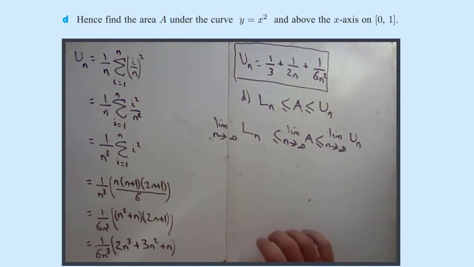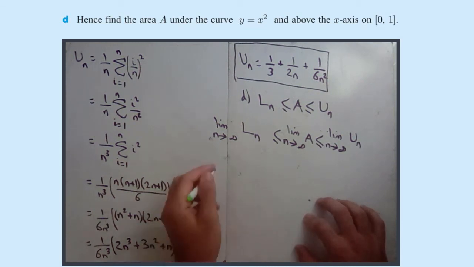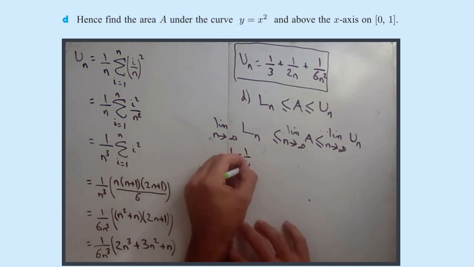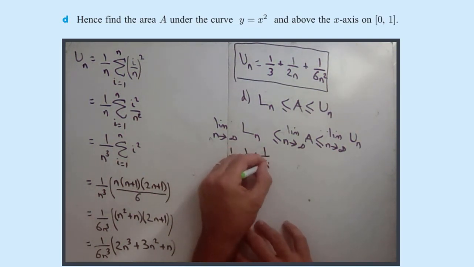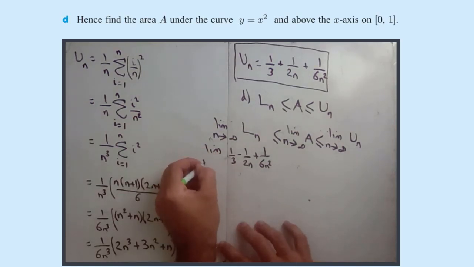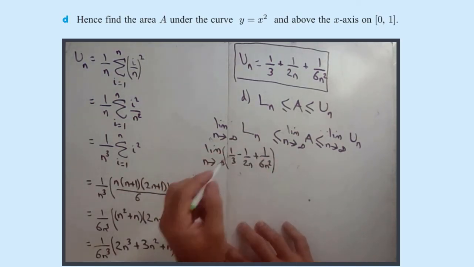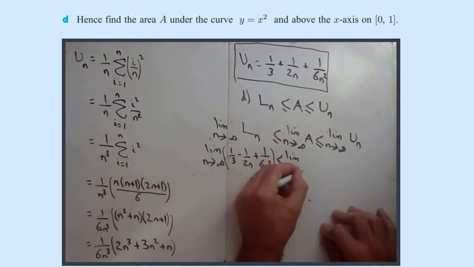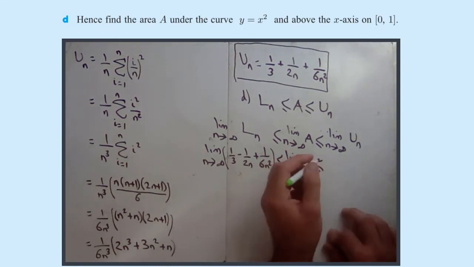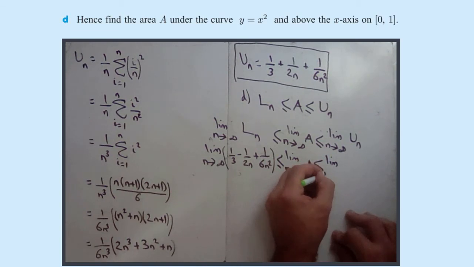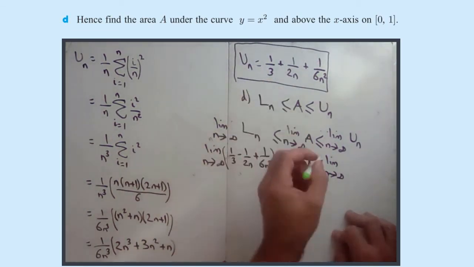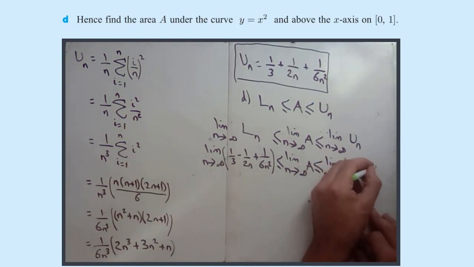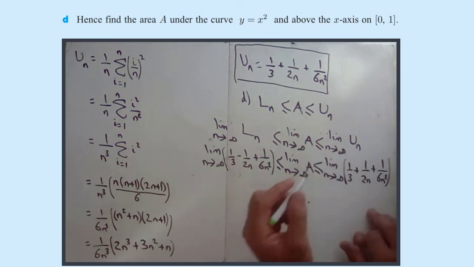Right, so if we write these in, remember the lower bound for area was 1/3 minus 1 over 2n plus 1 over 6n squared, so we need the limit as n approaches infinity of all of that, which should be quite simple, and that is less than or equal to the limit as n approaches infinity of the true area, which is less than or equal to the limit as n approaches infinity of the upper bound, which we just calculated, which was 1/3 plus 1 over 2n plus 1 over 6n squared, right?